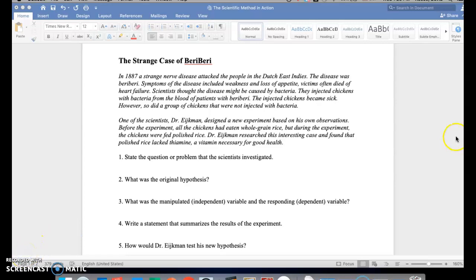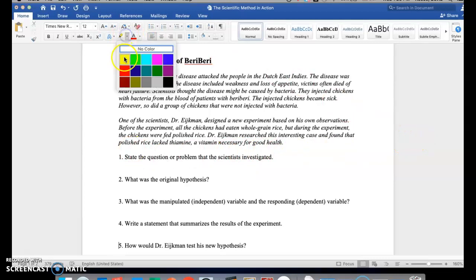Let's look at what answers you came up with. State the question or problem that the scientists were investigating. So I'm going to do some highlighting here. And it says a strange new disease attacked the people. Okay. So what do you think was happening?